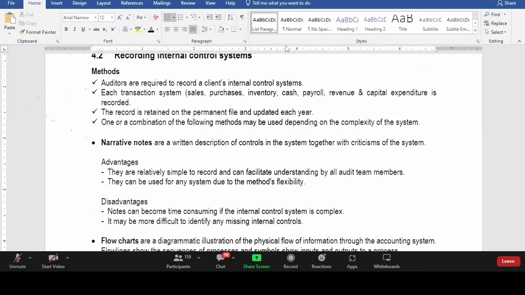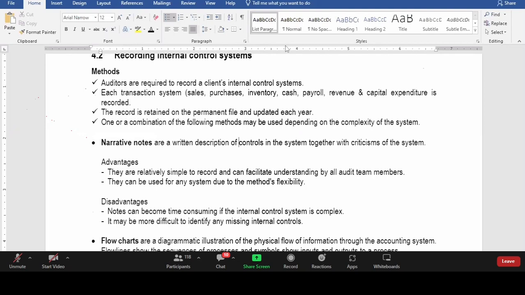For example, if it is purchases, who authorizes purchases and how are purchases carried out? Who authorizes? How is it done? Which documents are used? So you just write notes.